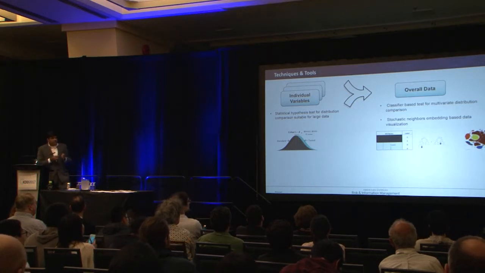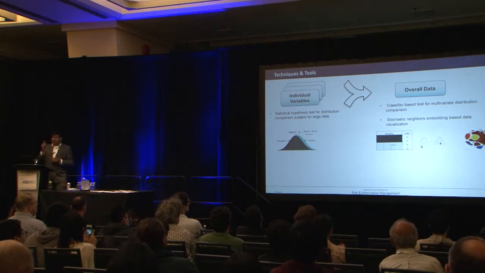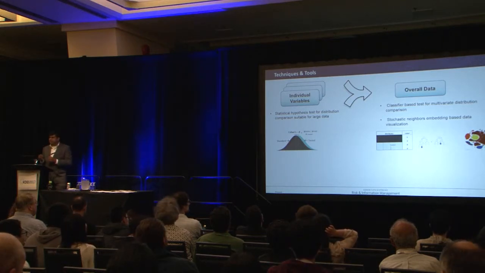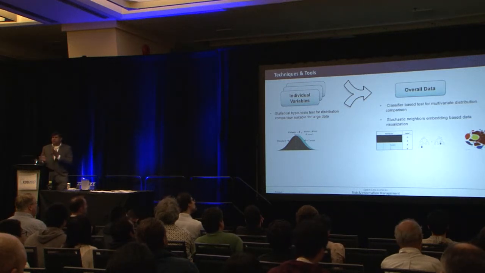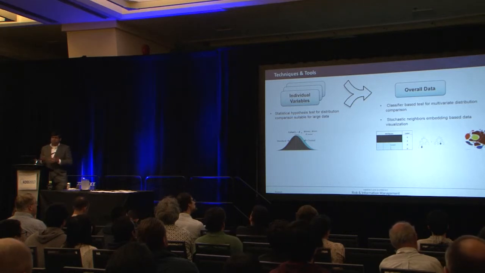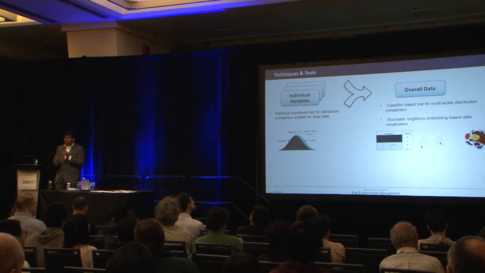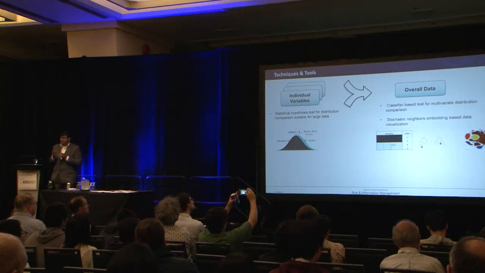The way it works is that we take our data, and we label the standard data with a value of 1 and the tested data with a value of 0. We try to develop a classifier which could successfully distinguish between these two data sets. If we are able to do that, then we will say that my tested data is very different from my standard data. The system also publishes the key reasons as to why my tested data is very different.